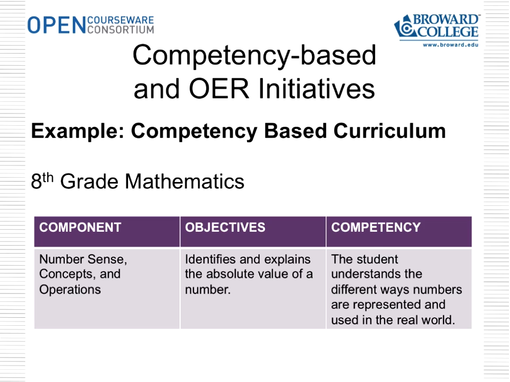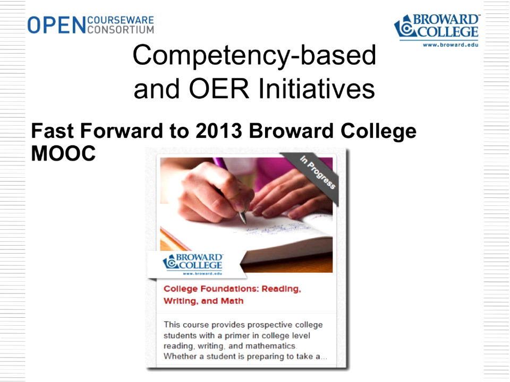In the competency-based curriculum that we developed, we would look at components, which would give the conceptual framework, the objectives, the actual activities that the students would be engaged in, and the competency, which represented really what the students should be able to display and demonstrate as part of what their learning is.